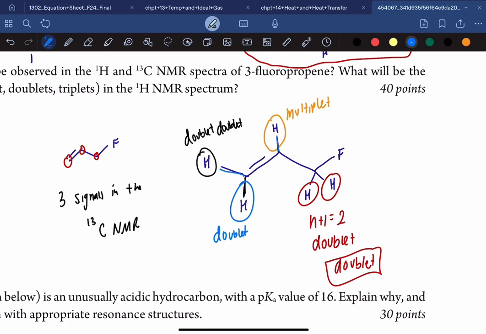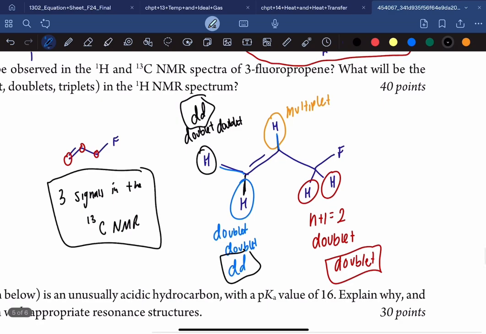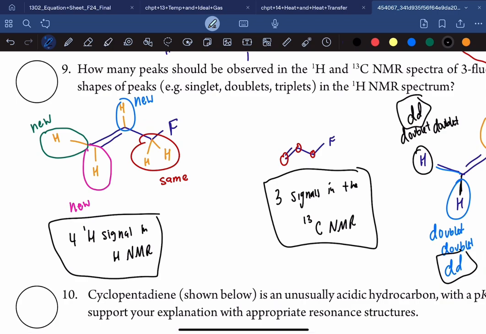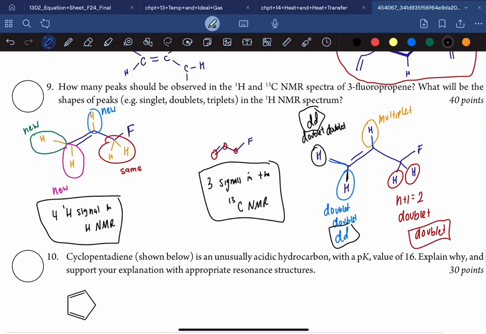And then it also has this H here in blue, so that's a doublet. So it's like double doublet. And this is also, you know, double doublet. Yeah, we can box in these answers like this. Okay. And then that's all this question asks, right? So yeah, what will be the shapes of the peaks?